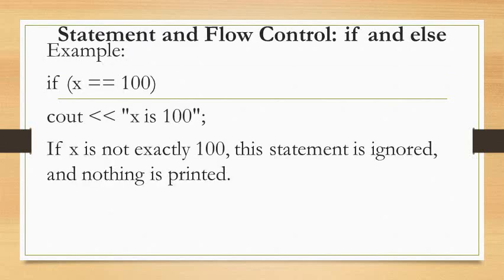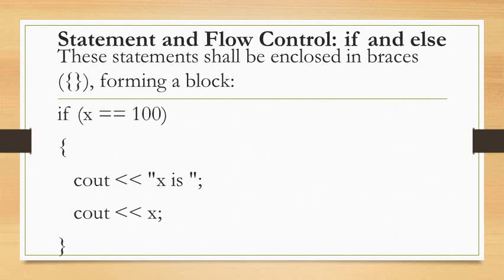Now let's look at a simple example to demonstrate that. If x equal to 100, cout x is 100. If x is not exactly 100, this statement is ignored and nothing is printed. The next one, look at this example. This statement shall be enclosed in braces, that's the begin and the end, forming a block.